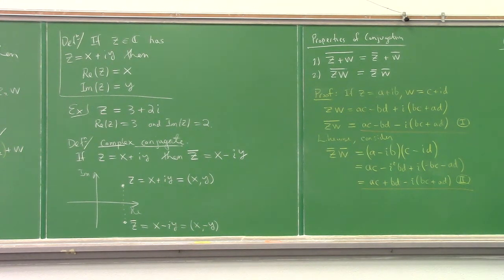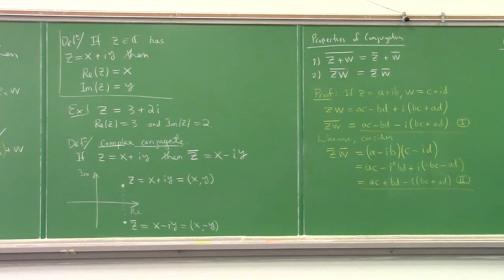What's the answer? Right, so this length is x, this length is y. So if we call the modulus of z, or the length of z, that's going to be the square root of x squared plus y squared.